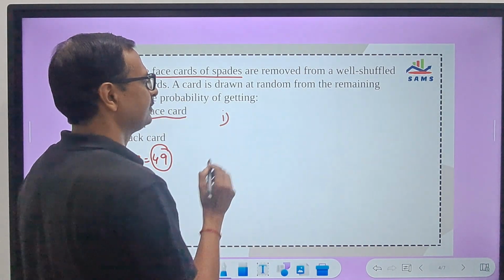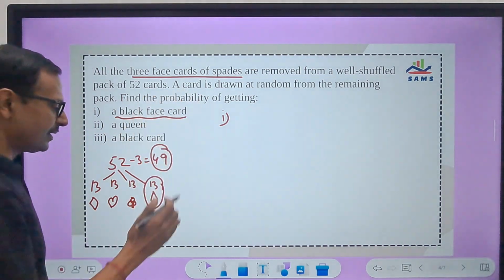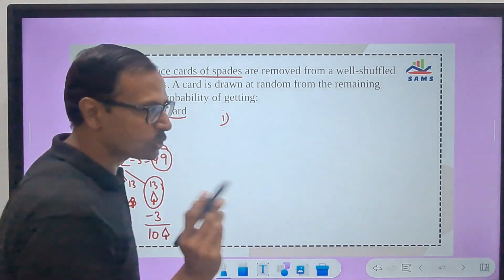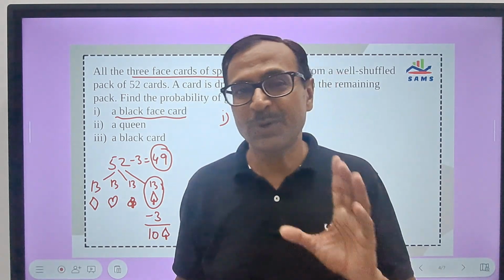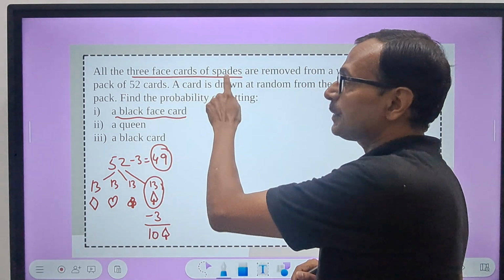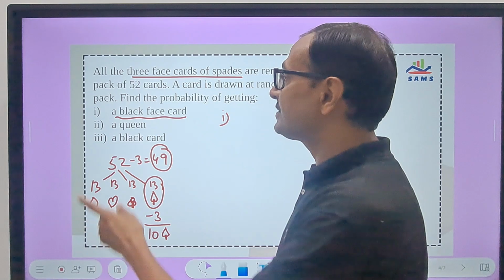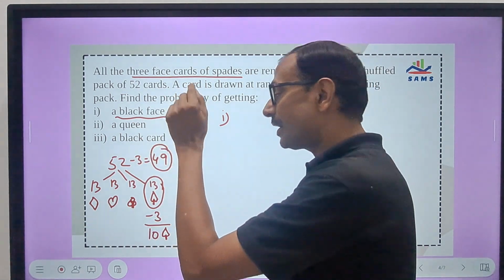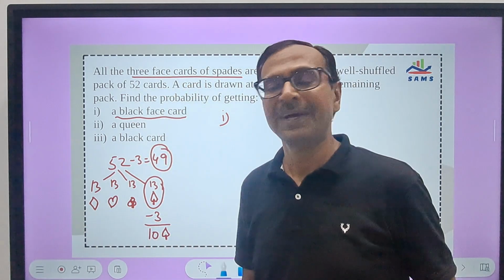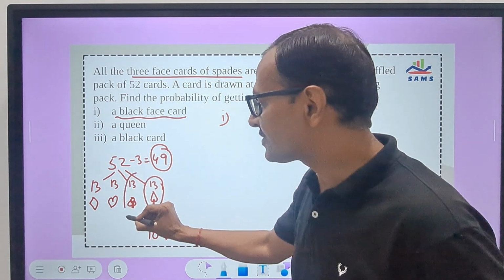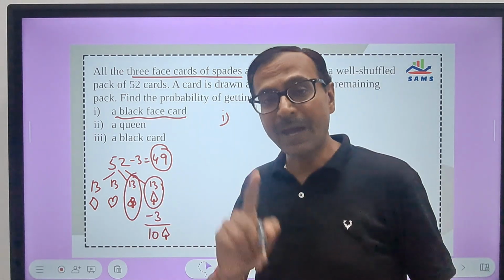So the first part. Black face card. Remember, all these spades are also black. Right? So when all the face cards of spades are removed, that means the black face cards are 3 less in number now. We have the face cards of clubs in the pack.